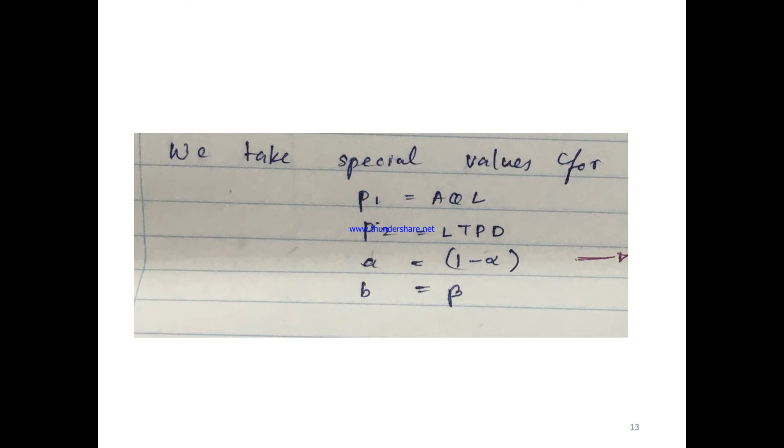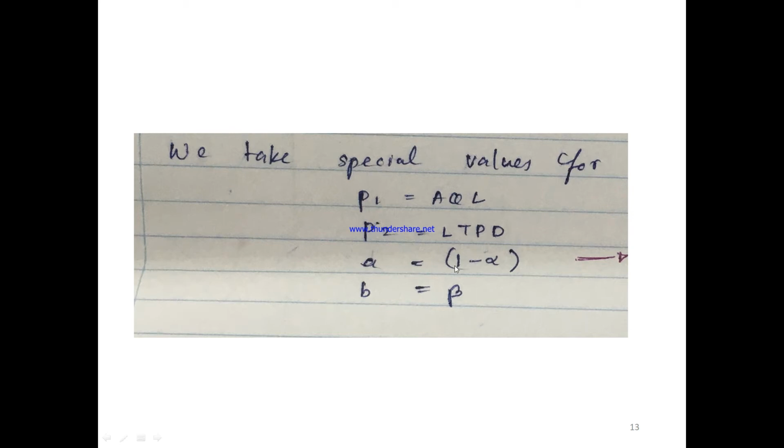So before going to the graph, when you take these percentage values, as a standard, we take the P1 value as AQL and the P2 value as LTPD value, right? And when you take P1 as AQL, A means the probability of accepting your lot at AQL.